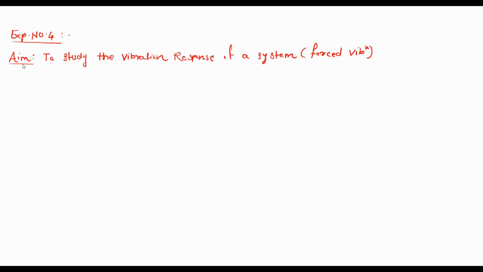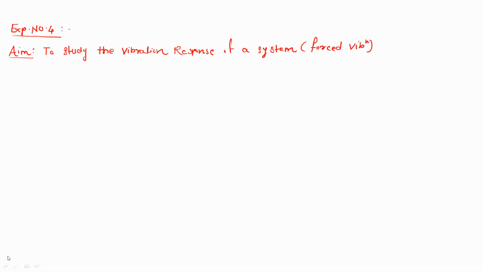The aim of the experiment is to study the vibration response of a system. The system will be a vibratory system, and for that system we have to measure the response. Here, response is nothing but the displacement. So basically, the aim is to measure the displacement.